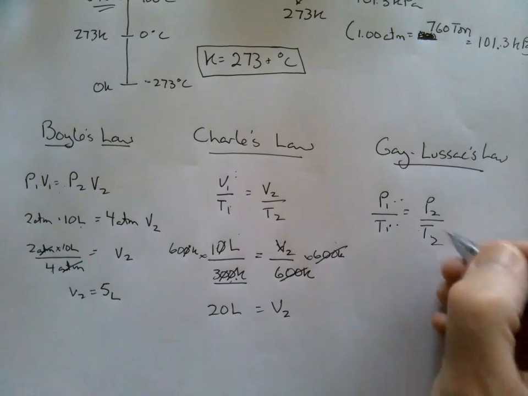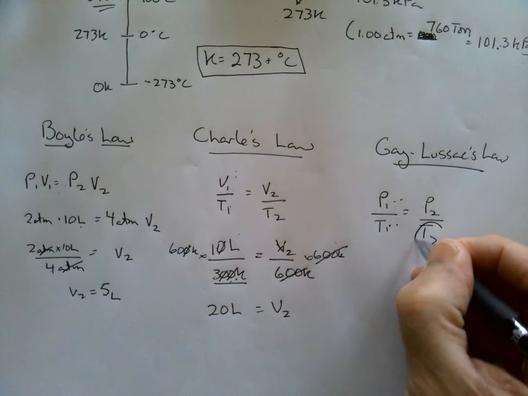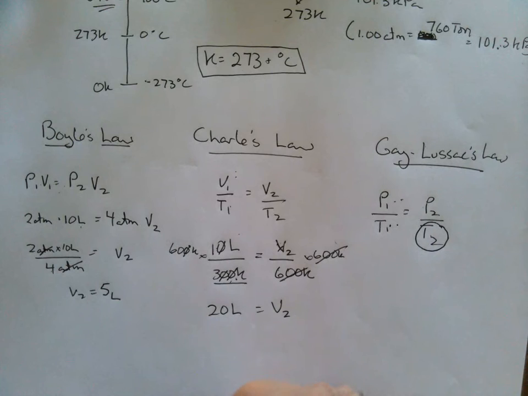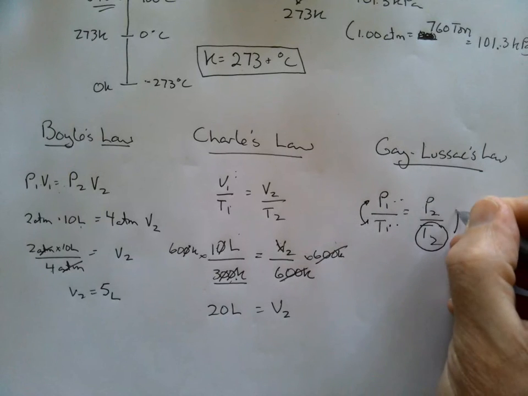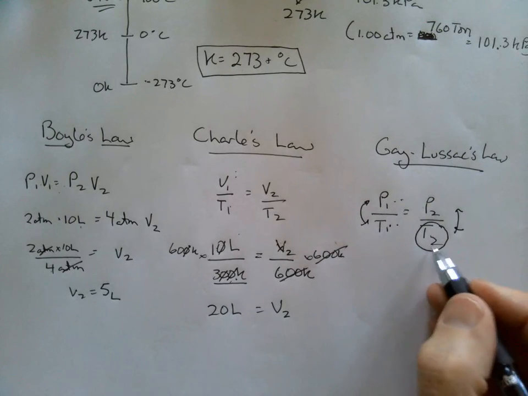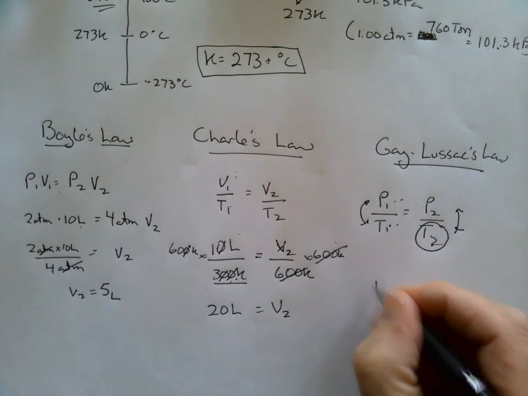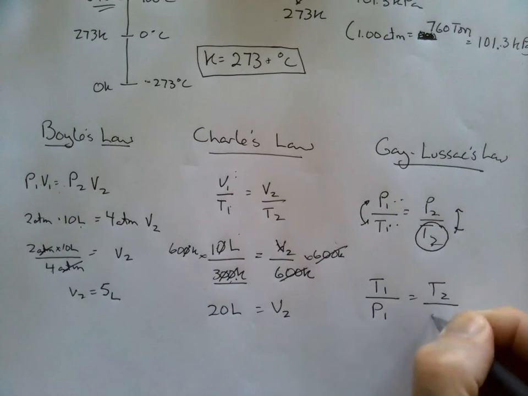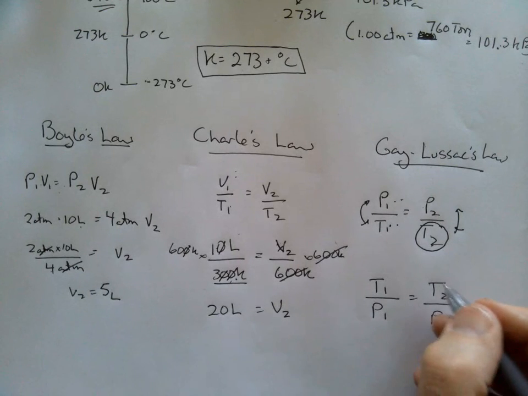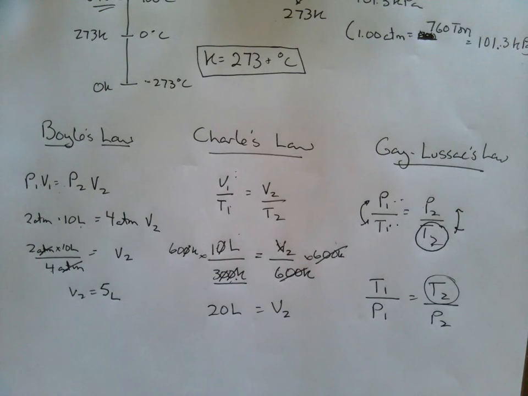The only thing I'm going to tell you is if they tell you to solve for something that's on the bottom of an equation like this, all you do is flip both sides. It's hard to solve for a variable when it's on the bottom. So if I flip both sides, I can now solve for T2 more easily.